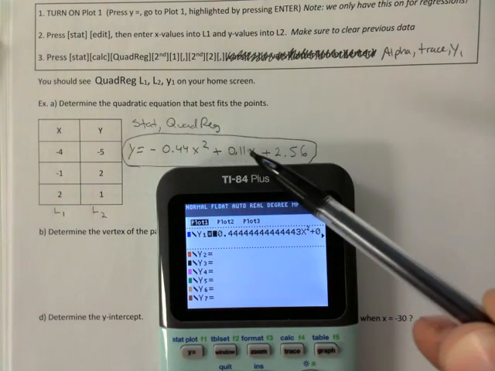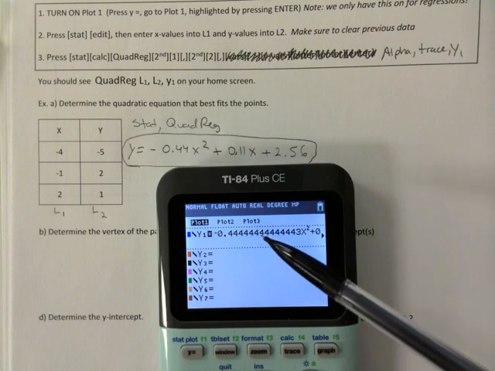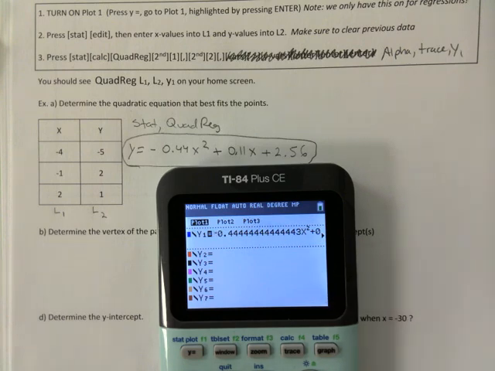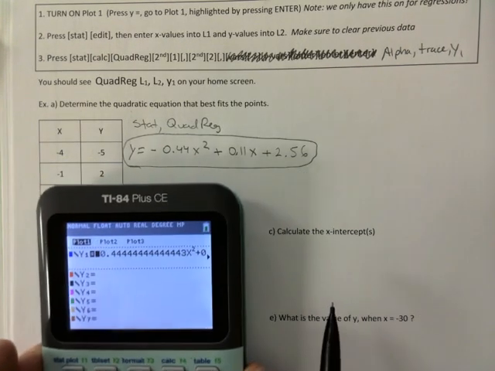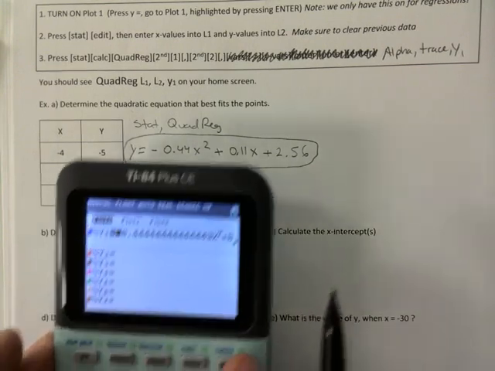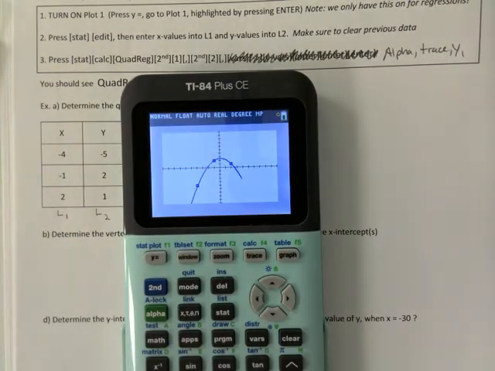This is just what you state for your answer, but this is what I want you to use for your questions. Let's graph this. Hit graph. Let's see if it works. Actually, it works pretty nicely in this case. It works very well. No changes needed.